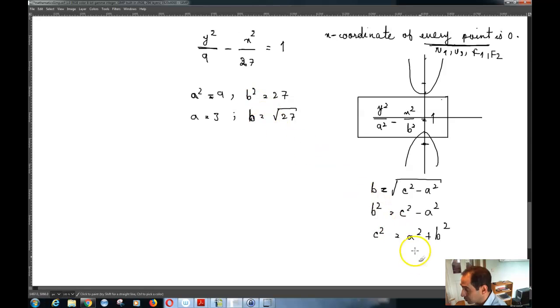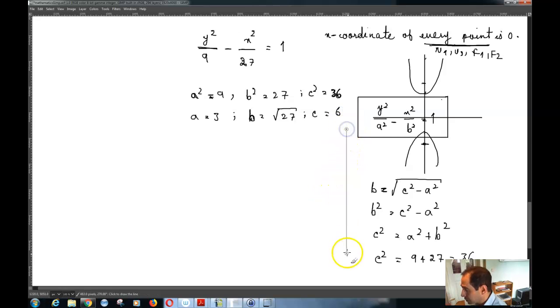So C squared is equal to 9 plus 27, which is equal to 36. So C squared is equal to 36, which means that C is equal to 6.